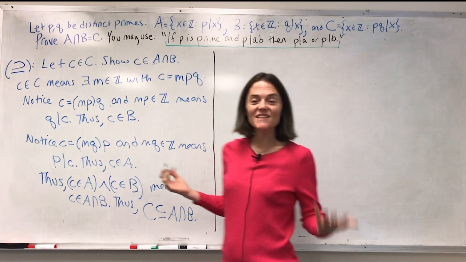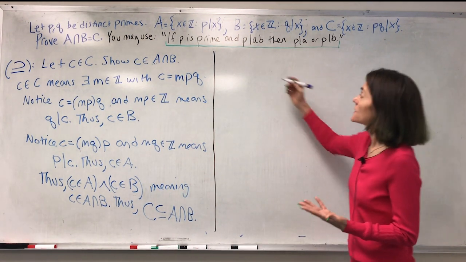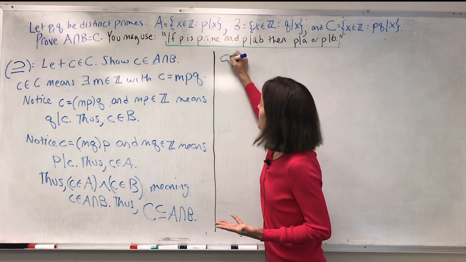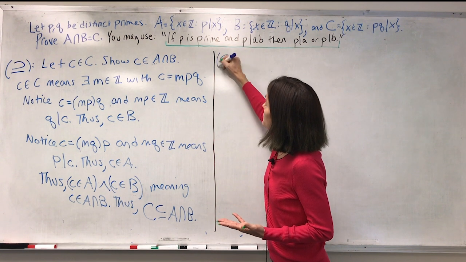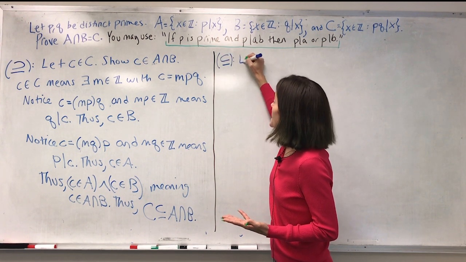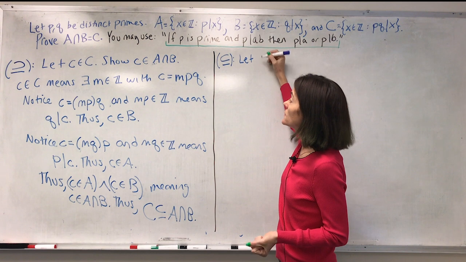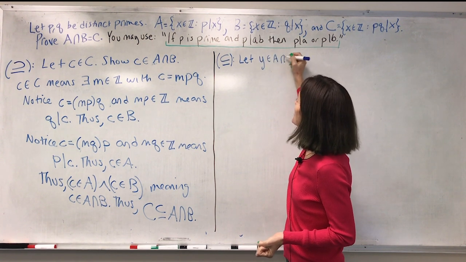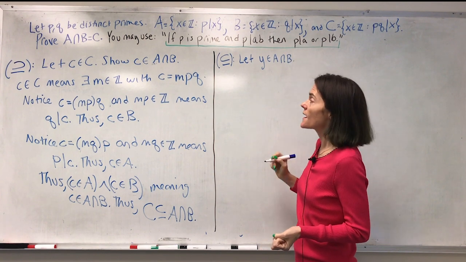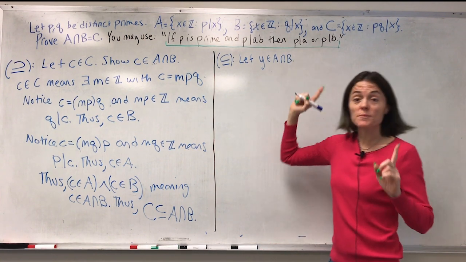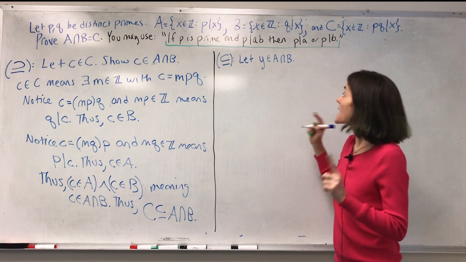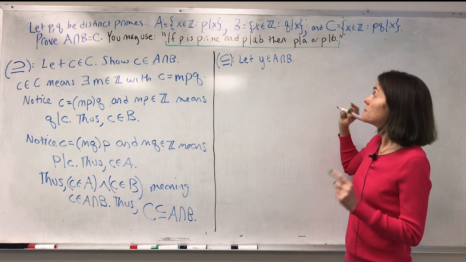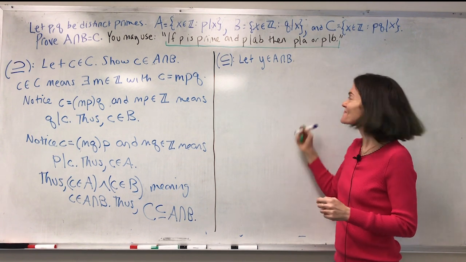Okay, now we do the other direction. This is for this way. We let, maybe, y be in A intersect B. Okay, so now it's in both. This means y is in A and y is in B, right? That's what the intersection means.